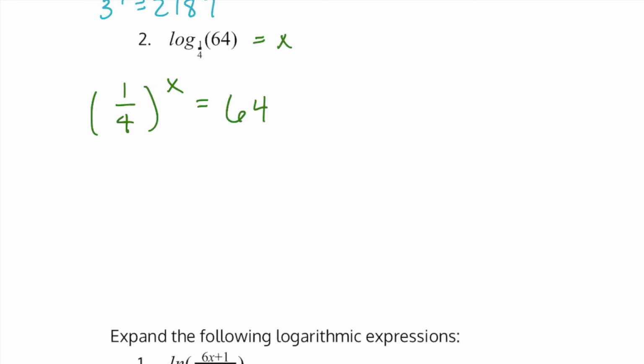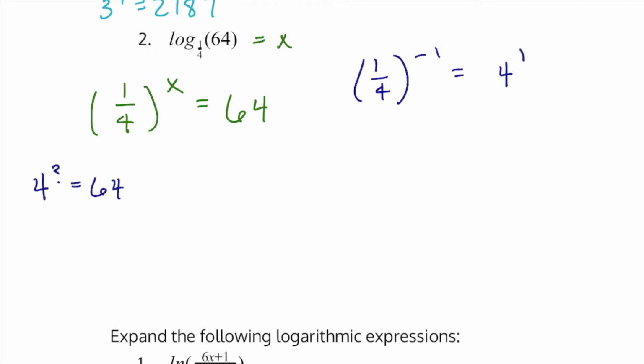So I have to think about what kind of exponents flips a fraction, right? Negative exponents do that. So I'm going to do a little sidebar where I'm really asking myself, okay, 4 to the what is 64, because I know that 1/4 to the -1 is going to be 4. So if I can figure out 4 to the what is 64, then if I make that a negative, it'll flip the fraction.